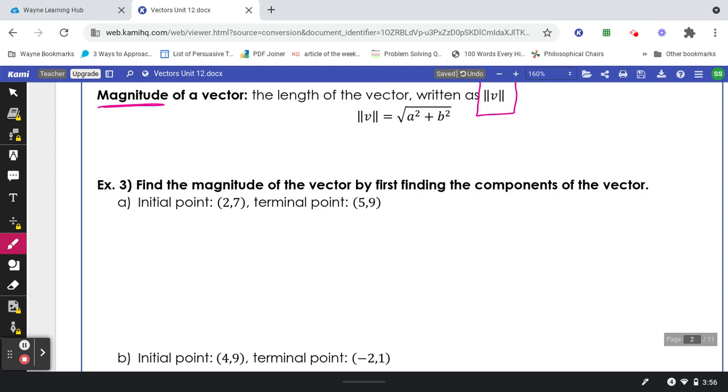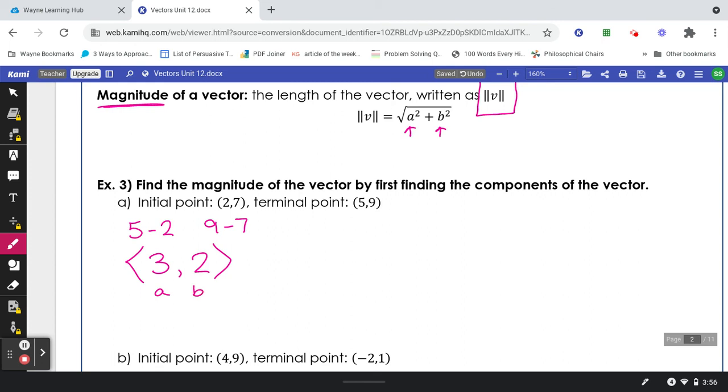We're going to have to turn these into component form first, remember, because we only have an A and a B, and we have 4 numbers here. So we'll start by doing terminal minus initial, terminal minus initial. That gives us the component of 3, 2.